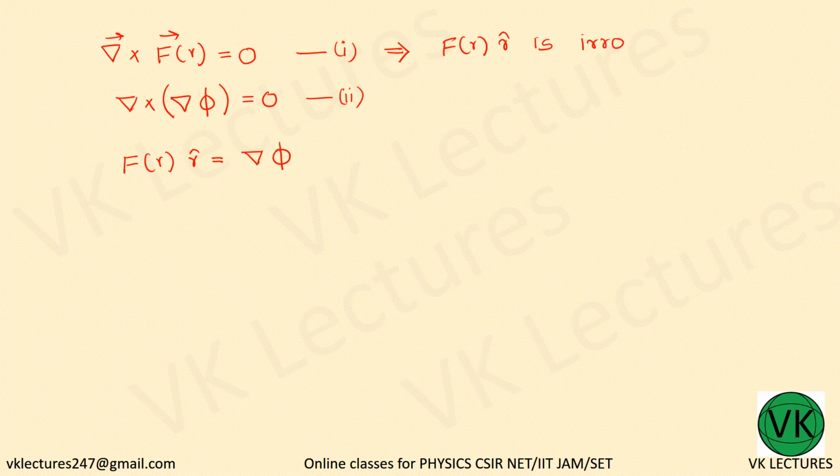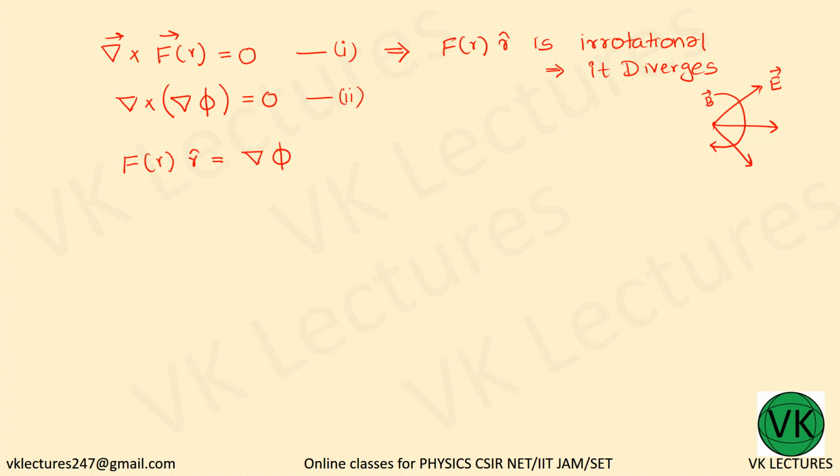irrotational, which means it diverges from a point. That is why it does not curl. So it is diverging away from a point. If it was curling around, this is an electric field, this is the magnetic field.